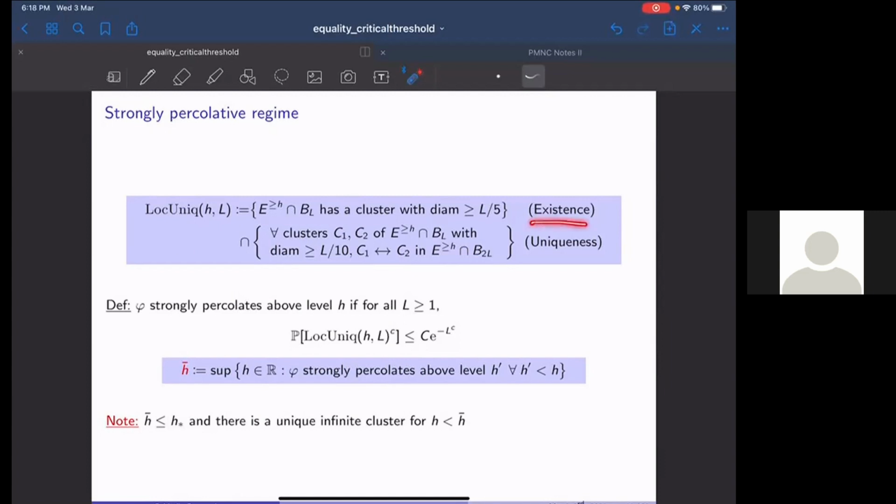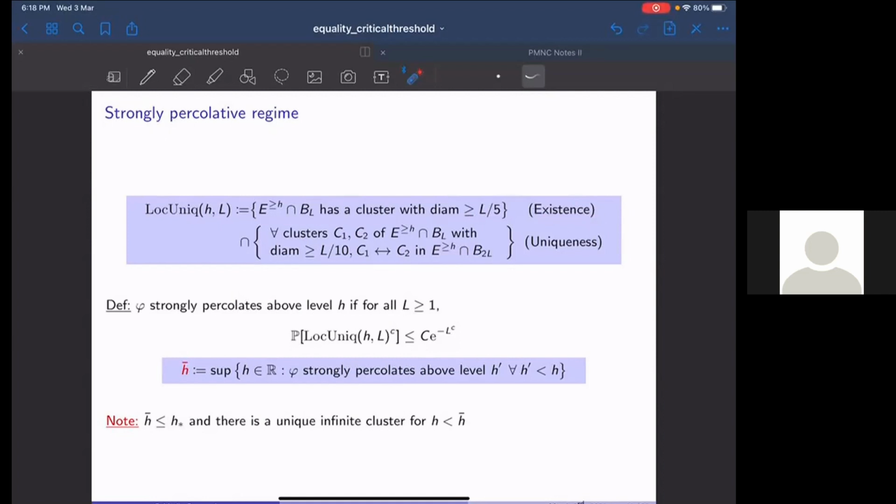One is existence. It says that if you look at the level sets confined to a box of scale L, which is a parameter of the event, you have a macroscopic cluster, meaning with diameter proportional to the size of the box. That's the existence part, that you have a cluster in the bigger box.